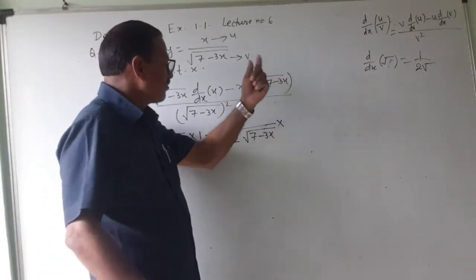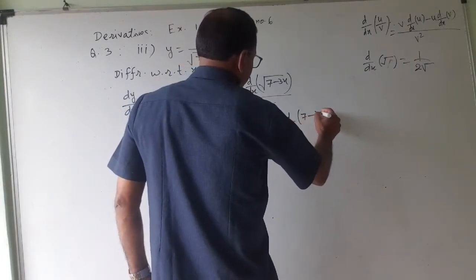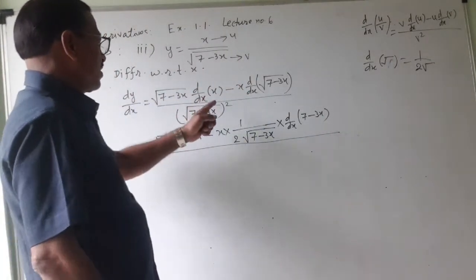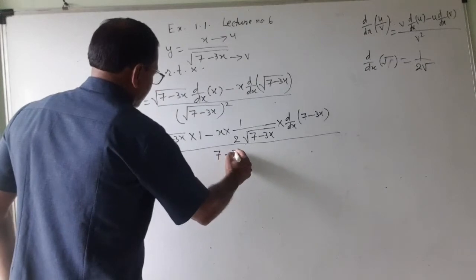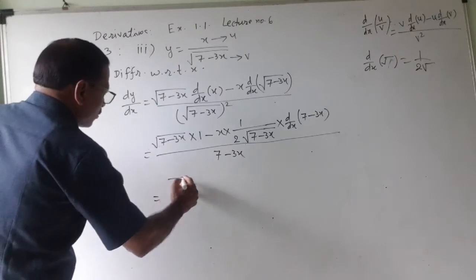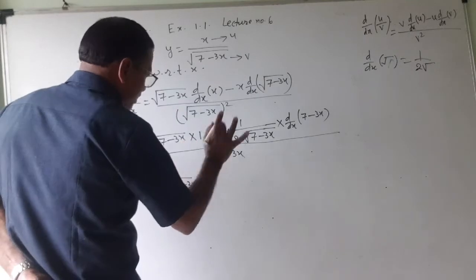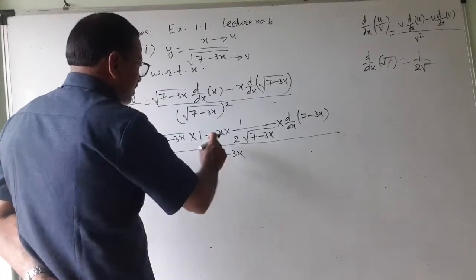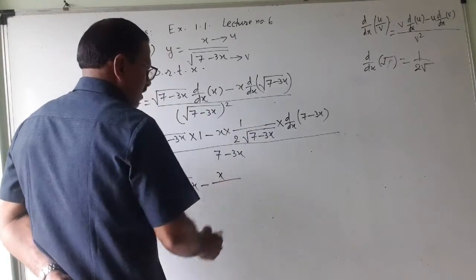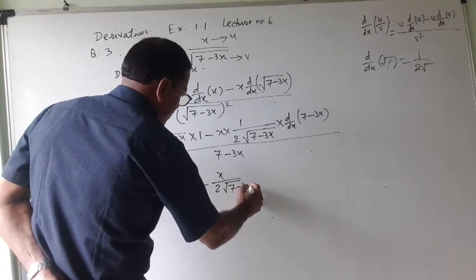I have to take the derivative of this also, into d by dx of 7 minus 3x, upon v square. Root square is root cancel, 7 minus 3x. So that is equal to root of 7 minus 3x into 1 is same, minus this x into 1 will be x upon 2 root of 7 minus 3x.